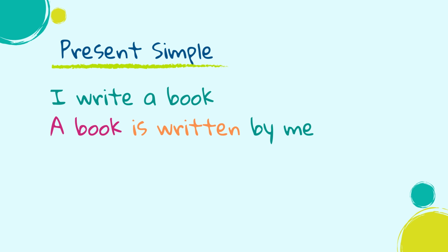In present simple, we have the sentence, I write a book. Here, what we need to do is to change the object, a book, into the subject. So a book comes at the beginning of the sentence, followed by be and verb 3. The be here is is, because the subject, a book, is third person singular.